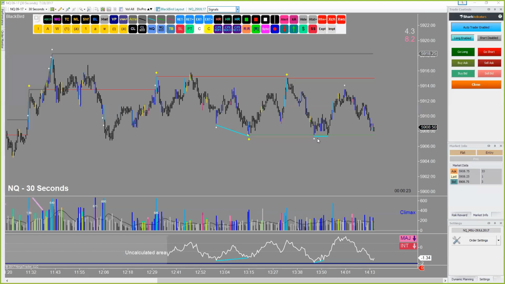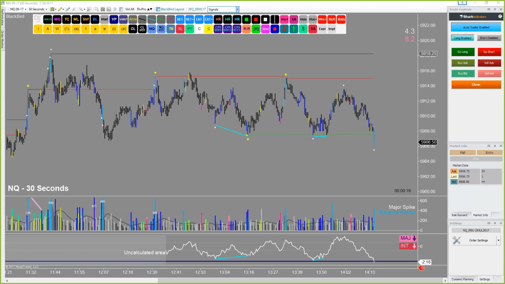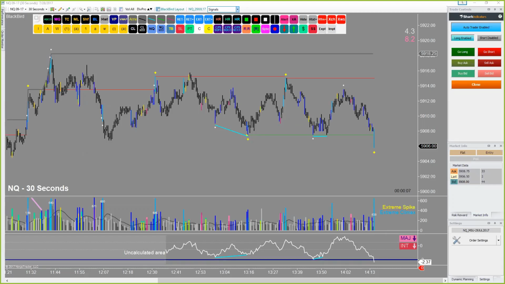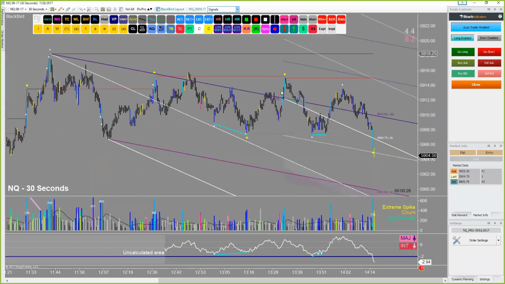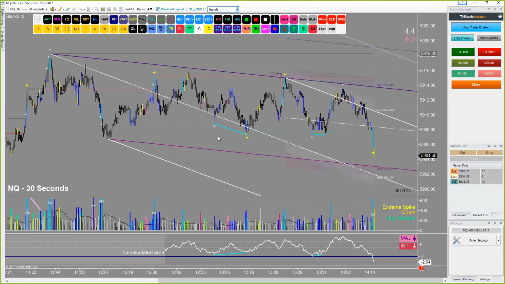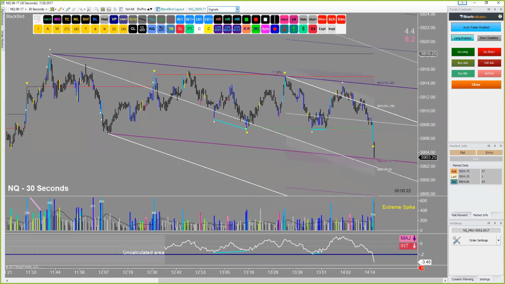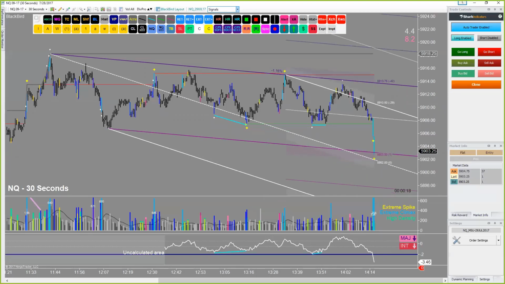So when we break this low, we get a big selling climax on the 3-minute chart, which is the reason why I'm not requiring divergence at the end of this move. And there it is. That's that symmetrical move.